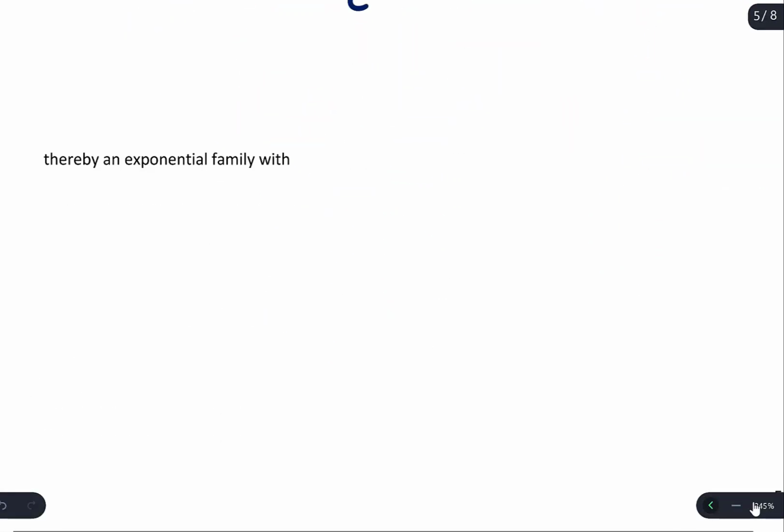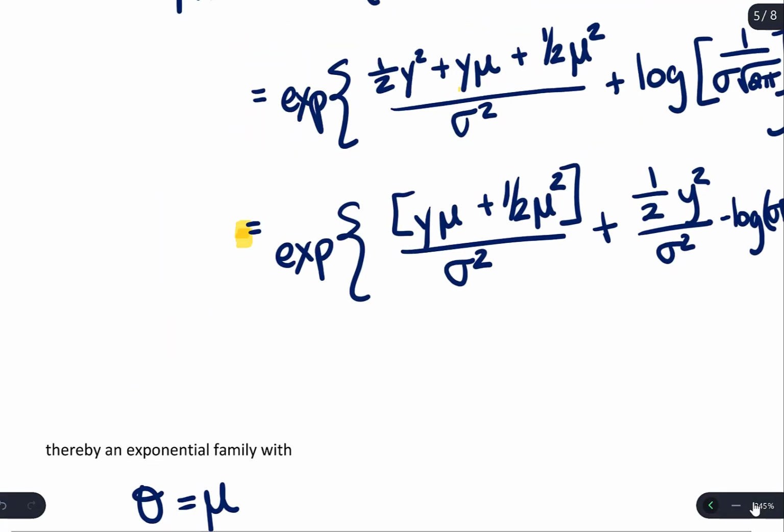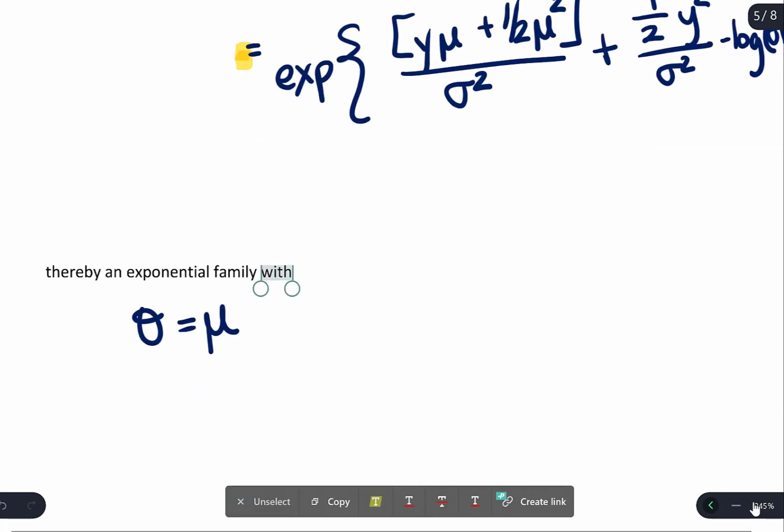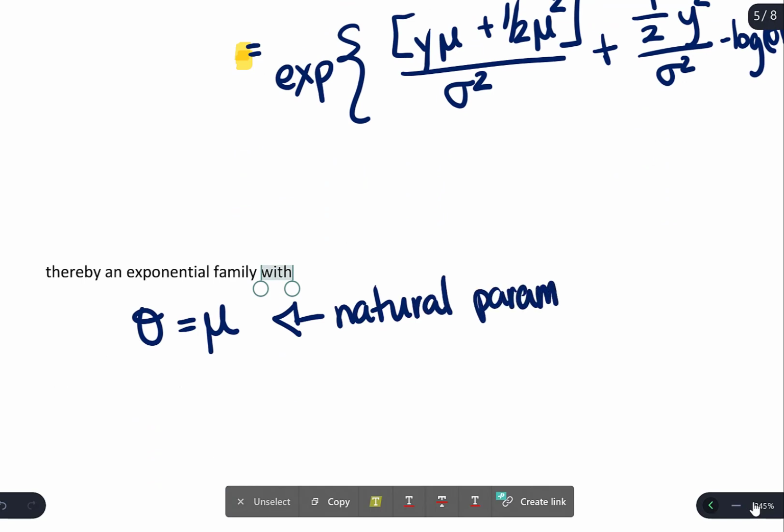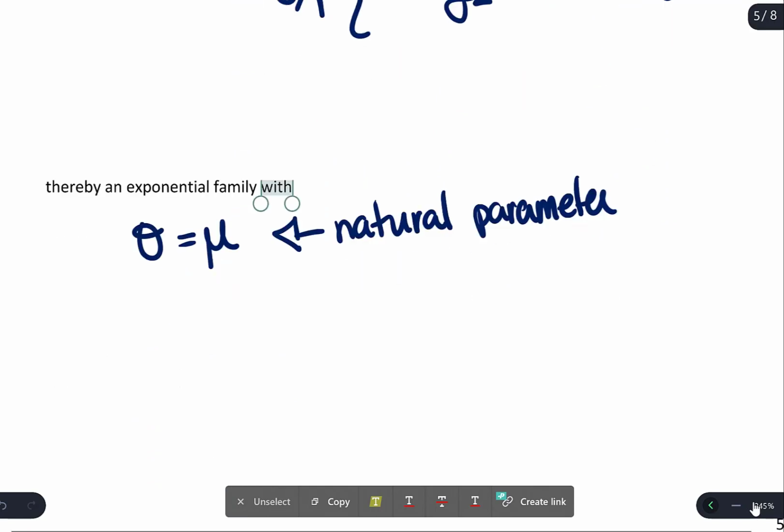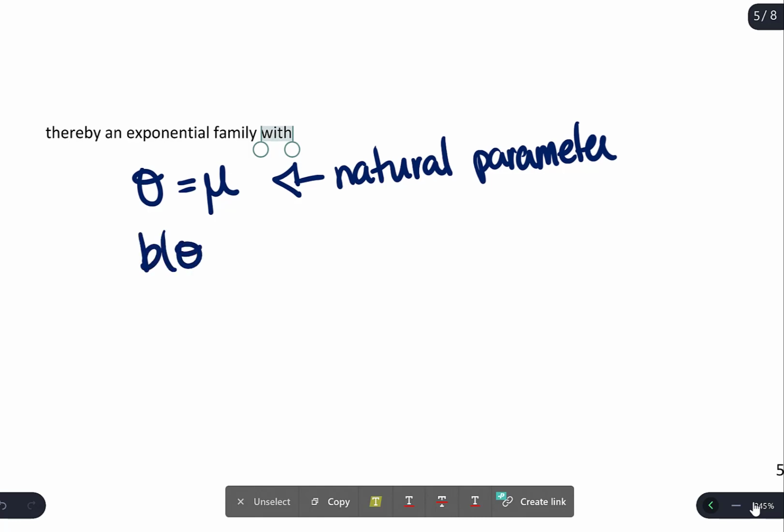All right, so therefore we have an exponential family with the following. Theta is just going to be equal to mu. Okay, so that's our natural parameter. B of theta is going to be equal to 1/2 mu squared.